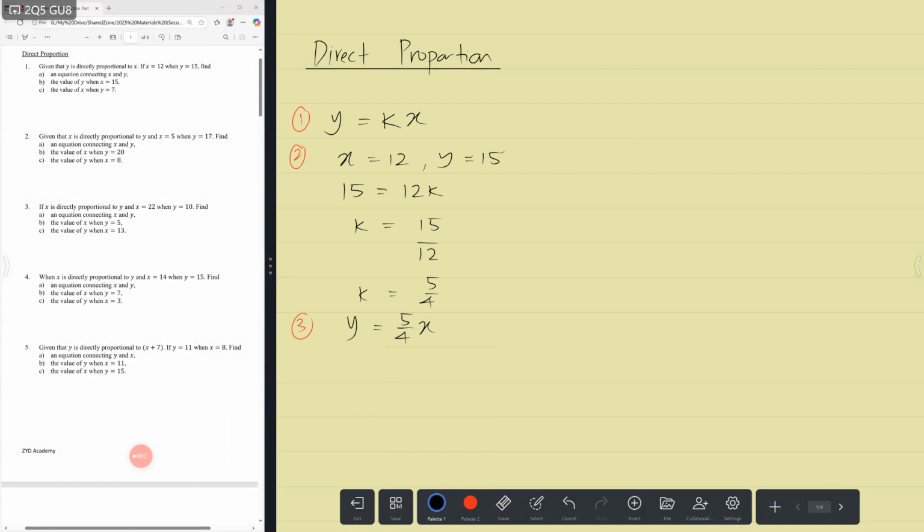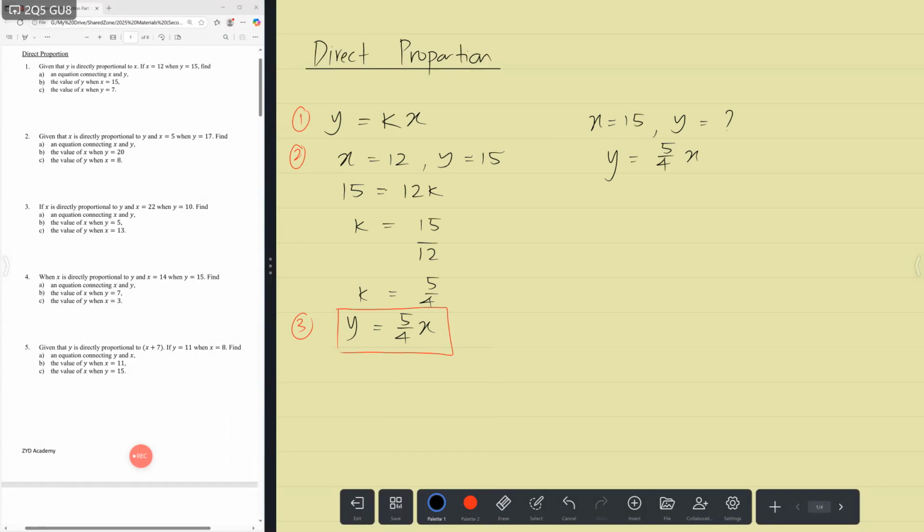Okay, let's go to part B. Find the value of y when x equals 15. So x equals 15 and y equals something else. Always go back to your equation. This is your formula. Use this formula. So y equals 5 over 4 x.